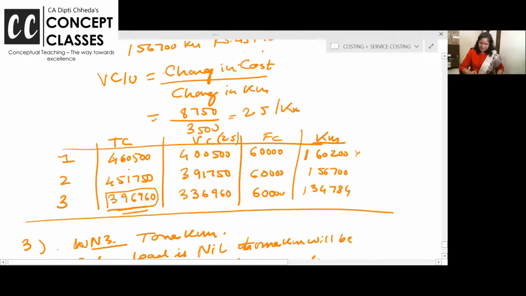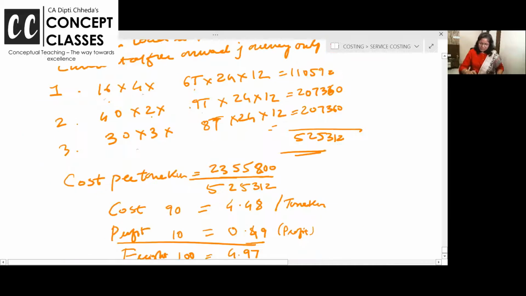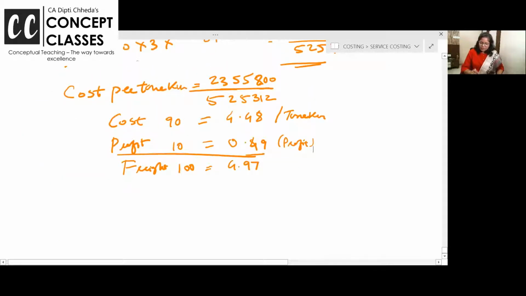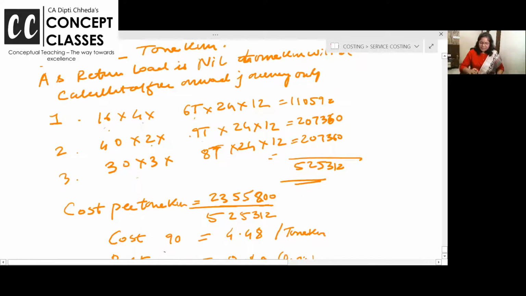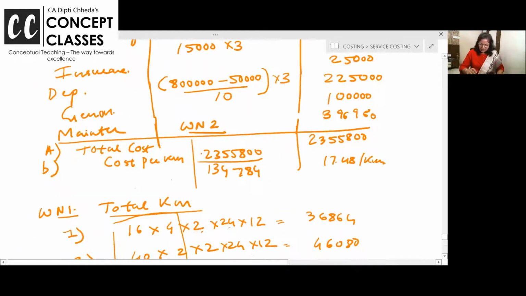Look at this, semi-variable and all. And if you know the cost per ton kilometer, profit, if they give you the margin on sales, so it's 10% on sales. Take sales as 100, profit margin as 10 and cost as 90. If it is 10% on cost, take accordingly. Whichever is right, as you find fit.